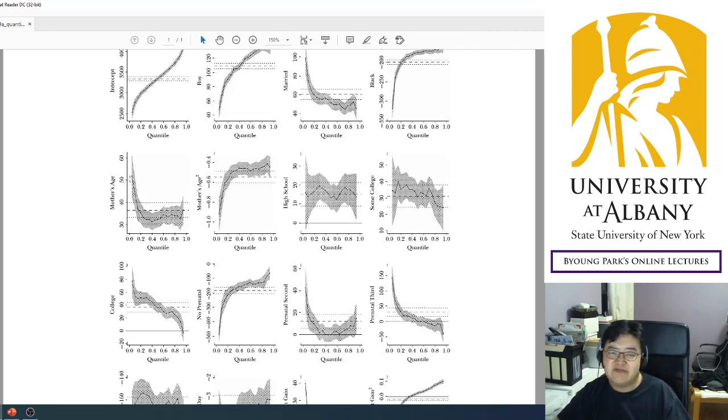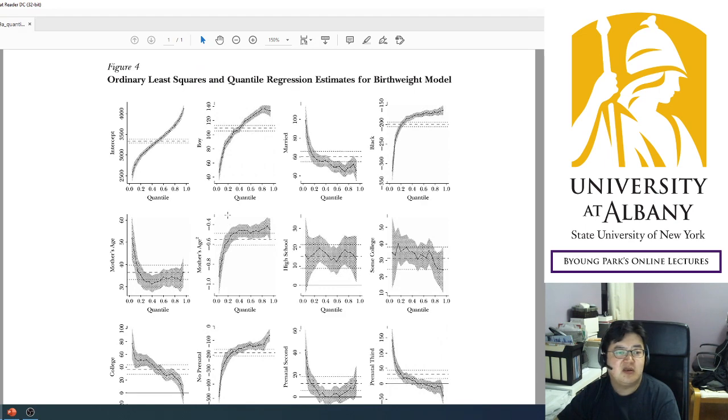The lower quantiles' effect is very much different from the other quantiles. That's what we find here. And a lot of interpretation can be done here.